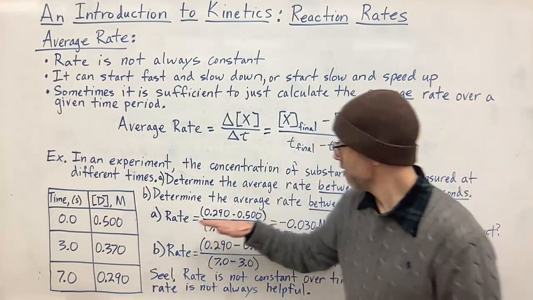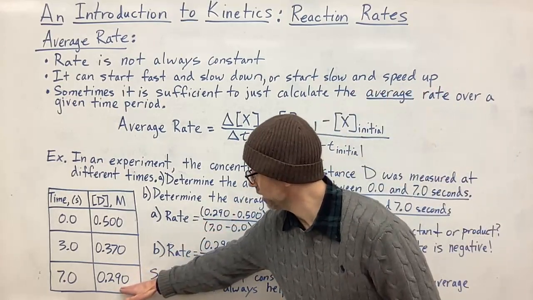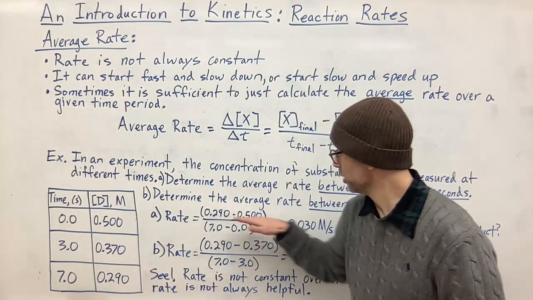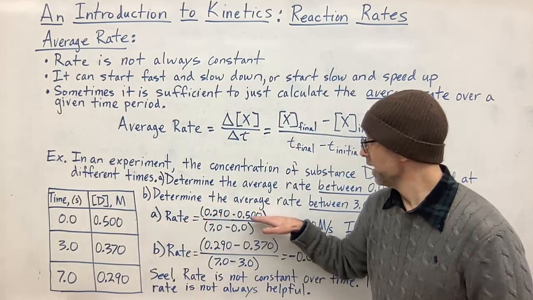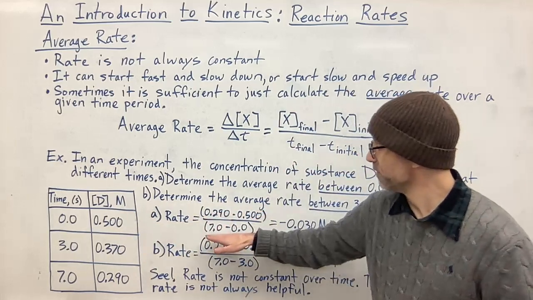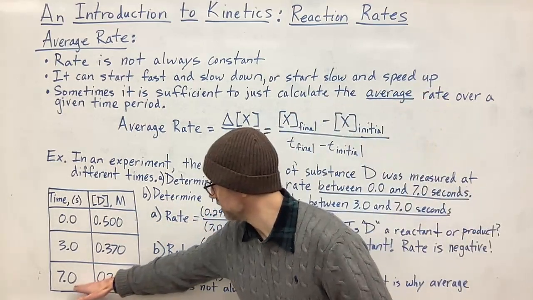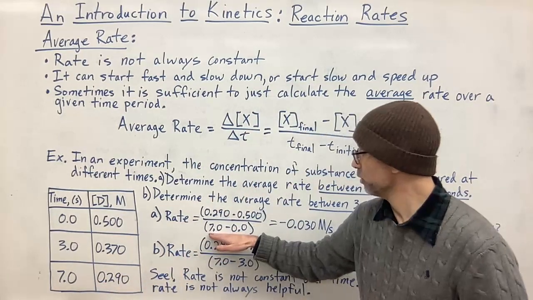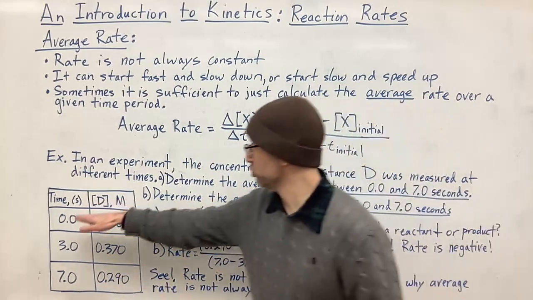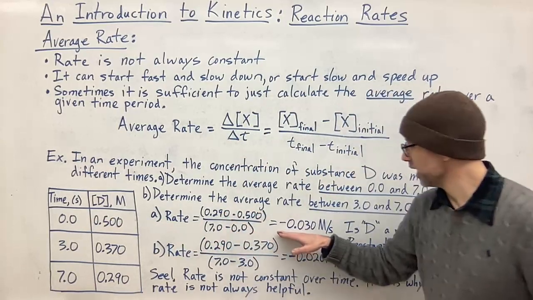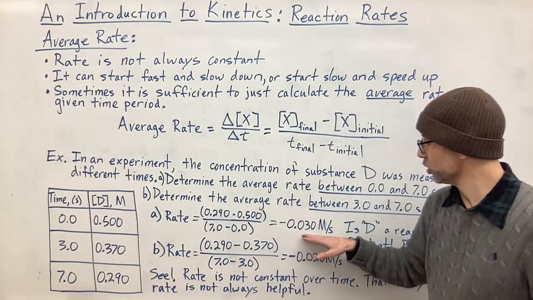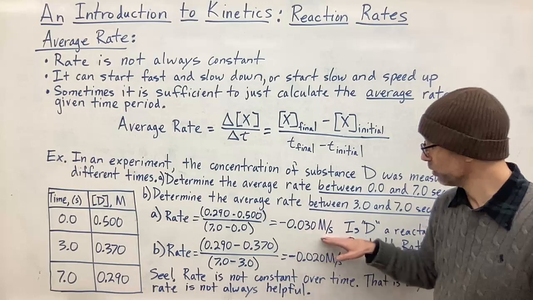We take our final, which is 0.290, and we subtract our initial, which is 0.500, and we do the same for time. Our final time was 7.0 seconds, and we subtract the initial time, which was 0.0 seconds. And when we do the math, we get negative 0.030 molar per second.